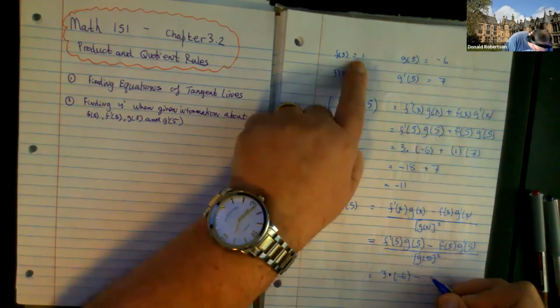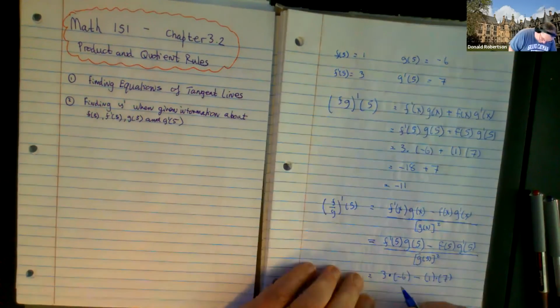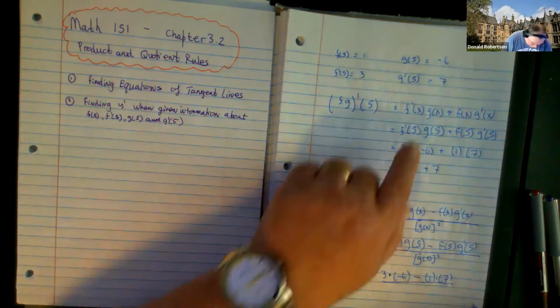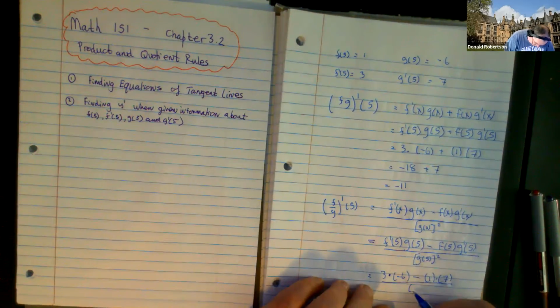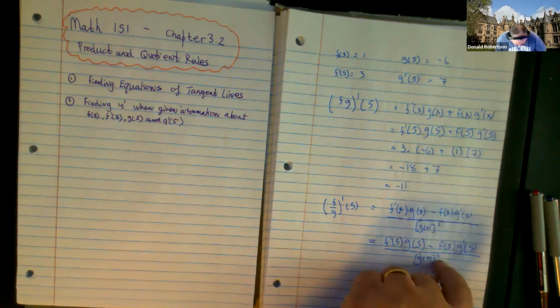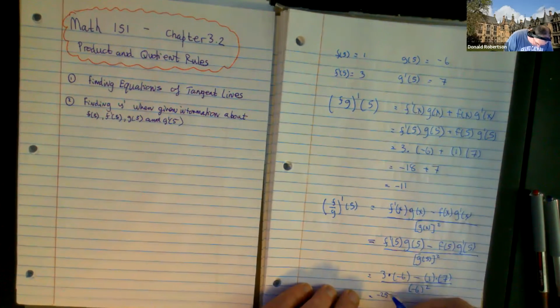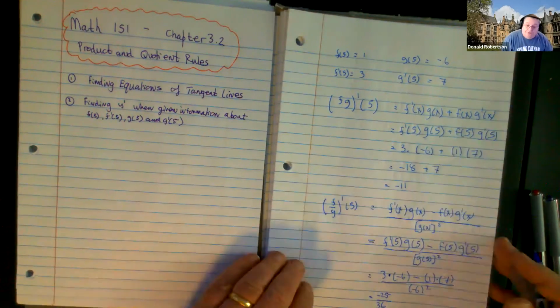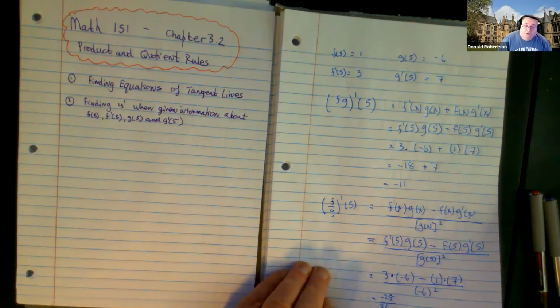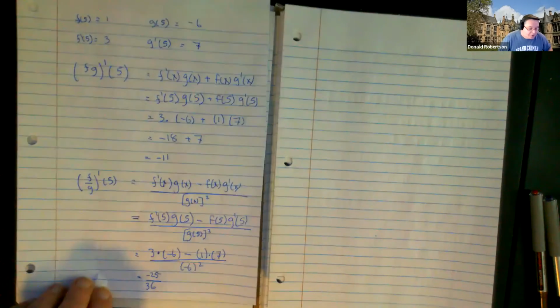Take away f of 5, which is 1, times g dashed, which is 7, all over the value of the function, that guy, squared. And that's -18, and that's -7, so that's -25. And -6 times itself is 36. And there is our answer. And the final one of that 3, you've got to be a little bit more careful.